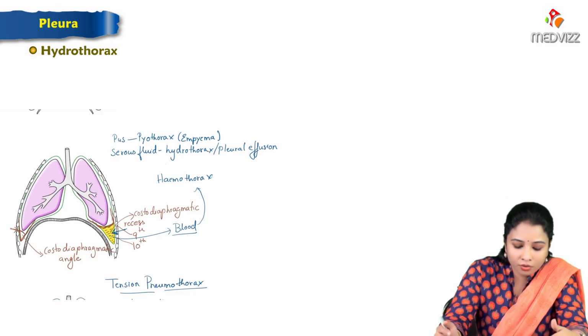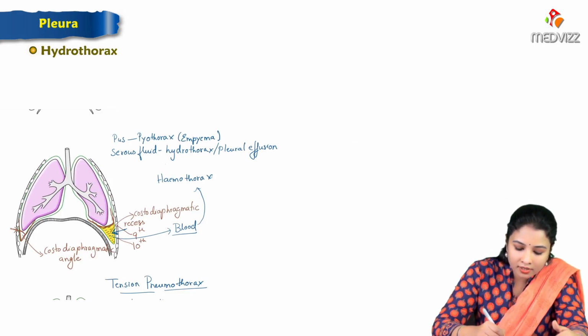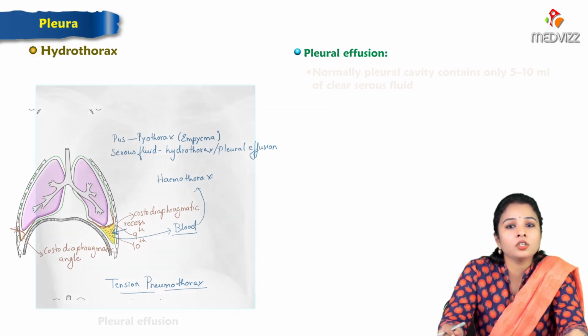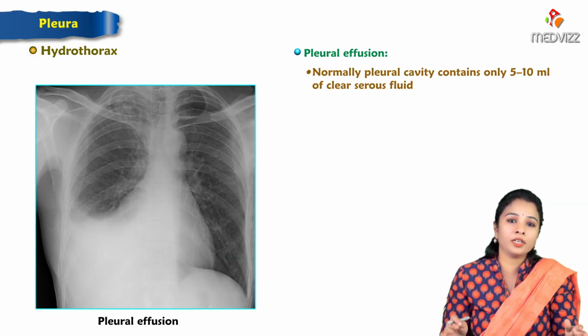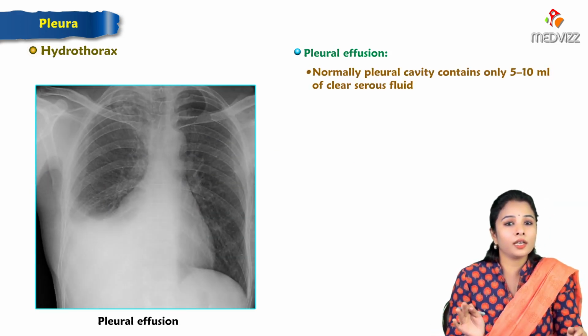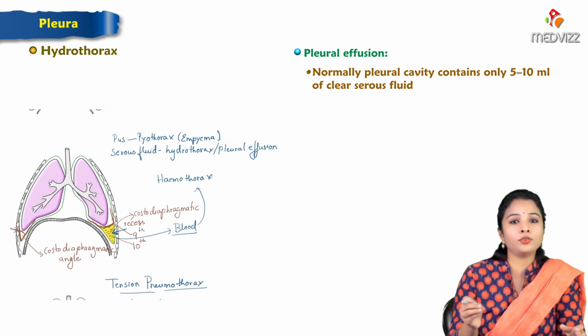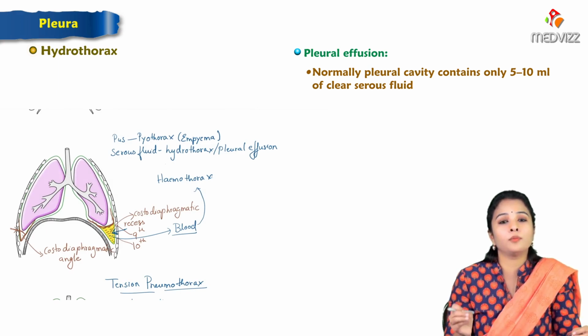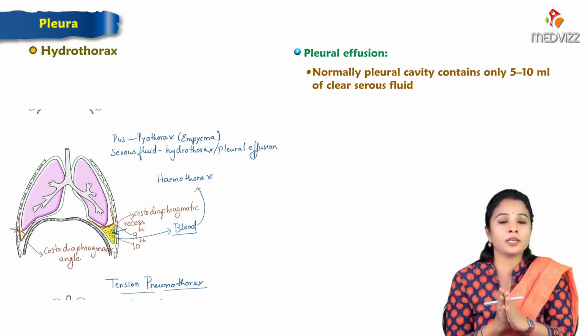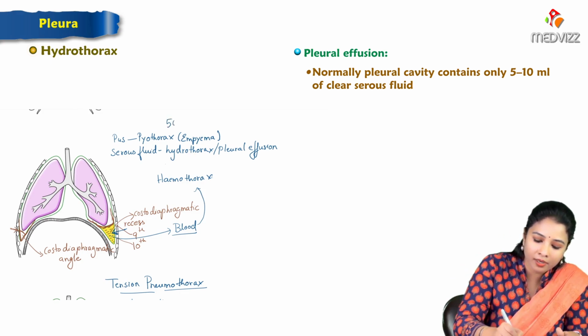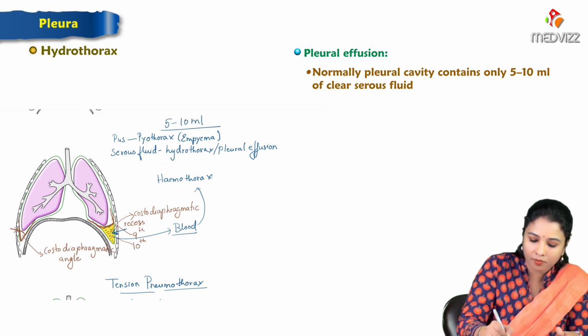Moving on to hydrothorax. Hydrothorax is nothing but pleural effusion. Normally the pleural cavity contains 5 to 10 ml of clear serous fluid, present between the visceral and parietal layers.